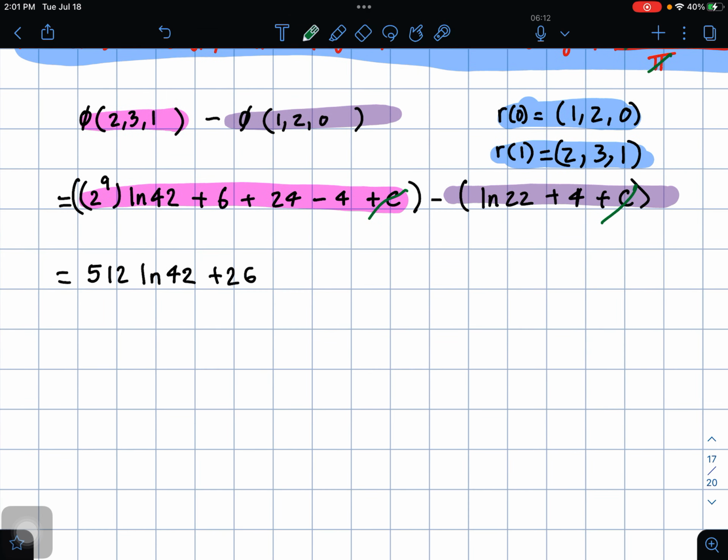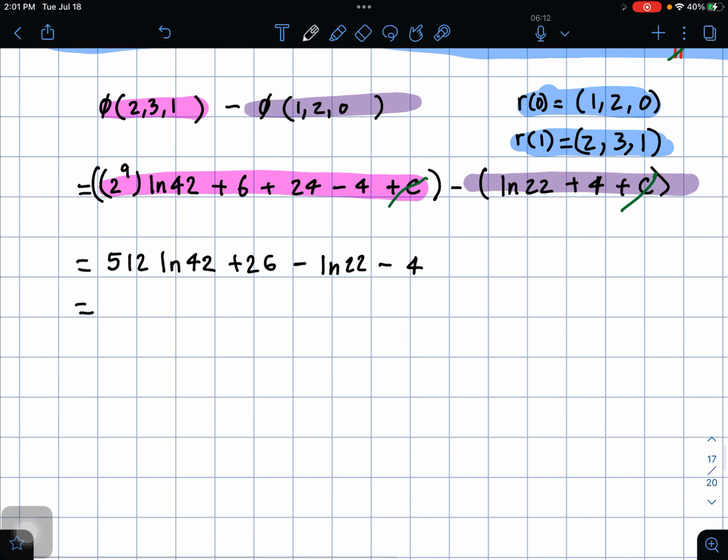Then what we have is minus ln 22 minus 4. That's it. The last thing we can do is just combine this and this. So it's 512 ln 42, and then ln 22, and then this and this is going to end up being 22, right?